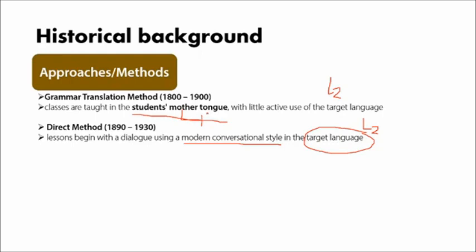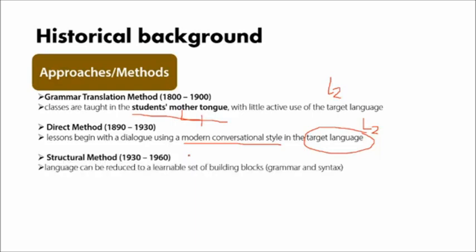There are no vocabulary lists to memorize, but there are a lot of words and phrases to listen to and become familiar with. Okay, so we have to remember that in the direct method, we are exposing our students to the target language, because the target language is the language that we use in teaching, with more speaking engagement or spoken language, unlike the grammar translation method.